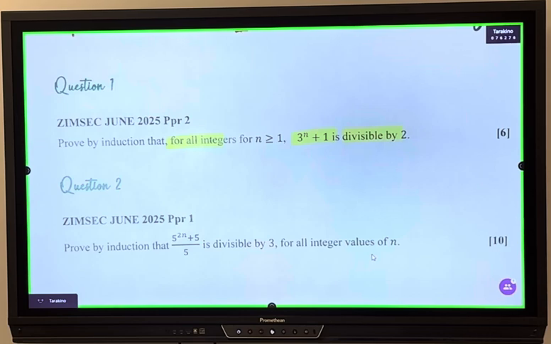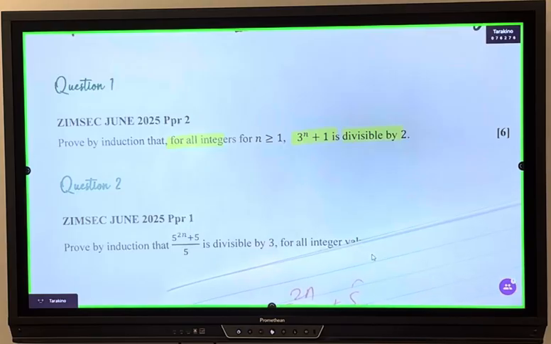So just out of interest, do you know this question can also be rewritten as 5 to the 2n divided by 5 to the first power plus 5 over 5, which can be rewritten as 5 to the 2n minus 1 from the rules of indices, plus 1.